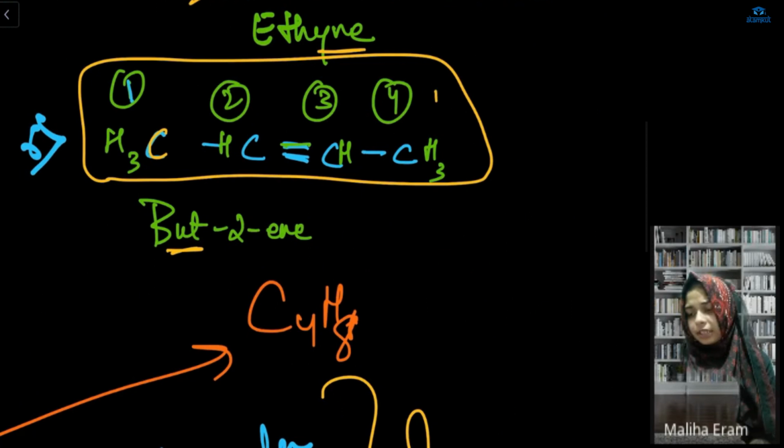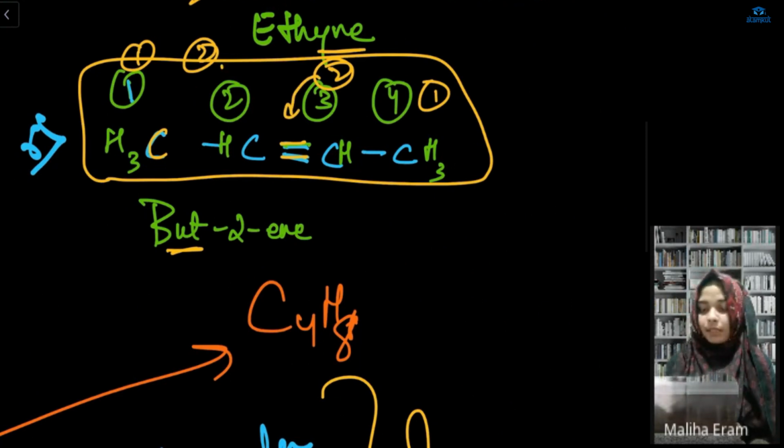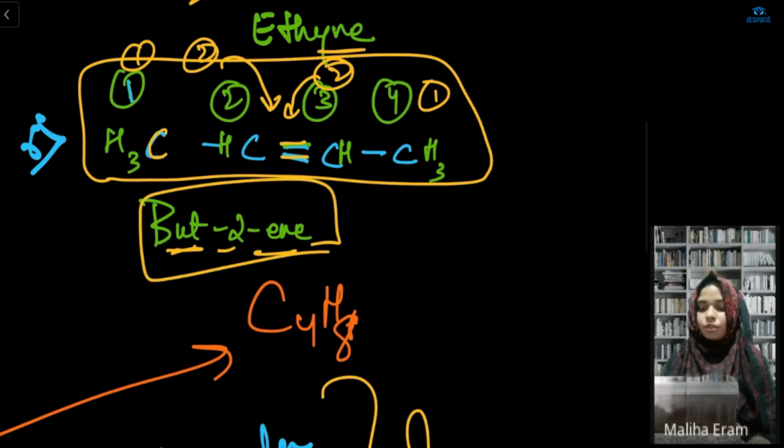We can start numbering from here as well as from here. It's the same because the double bond is coming in between the 2 carbons. From here also it will be 2-ene, and from here also it will be 2-ene. So it will be but-2-ene. ठीक है, तो ये क्या हो जाएगा? But-2-ene.